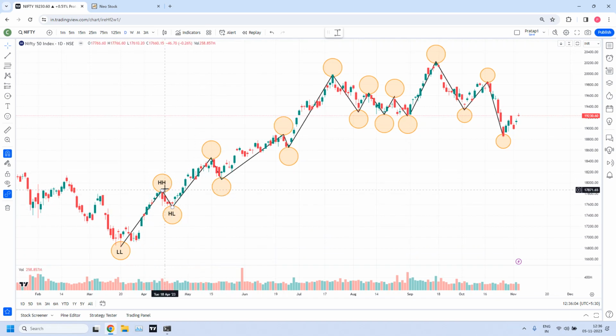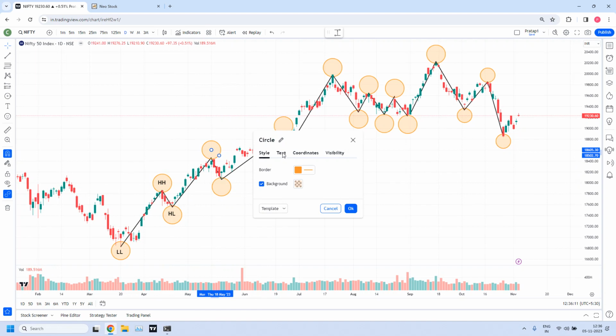And now compare this new swing high and the previous swing high. So what about this swing high? Is there any text box? Oh, good. So we can say this is higher high.